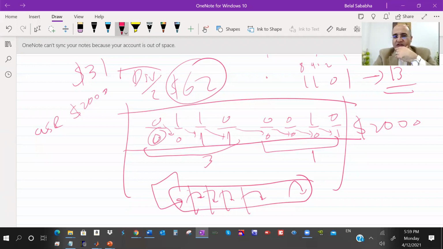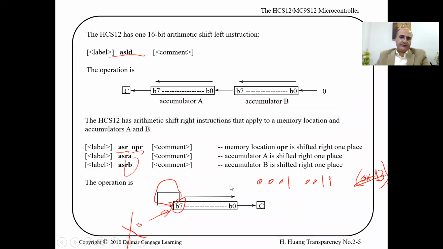The sign was positive. If the number here was a 1, for example, this is a negative number. This will stay as a 1 and be copied to here, right? So in arithmetic operations, you have to retain the sign. So you don't shift a 0 in.